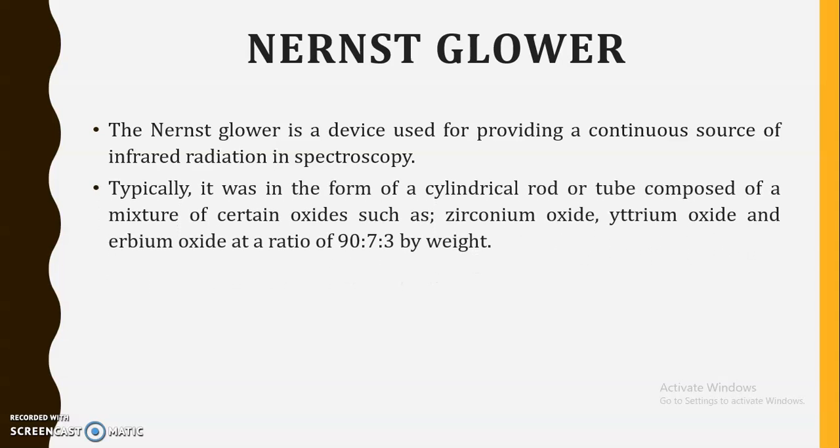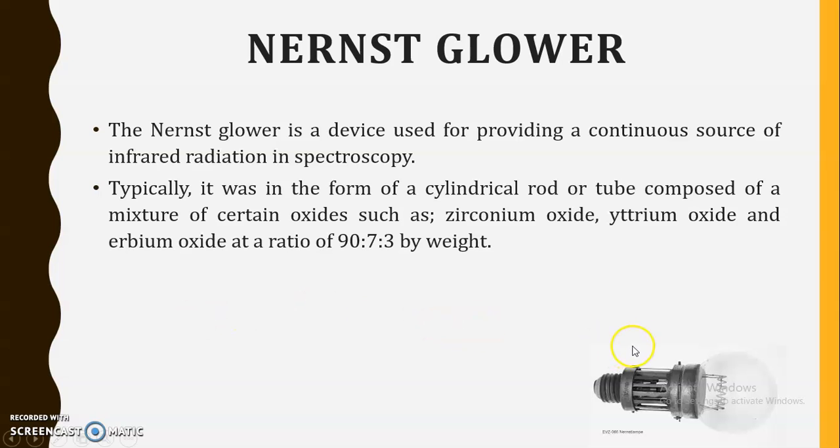Typically it was in the form of a cylindrical rod or tube composed of a mixture of certain oxides such as zirconium oxide, yttrium oxide, and erbium oxide in the ratio of 90:7:3 by weight. So this is the typical example.